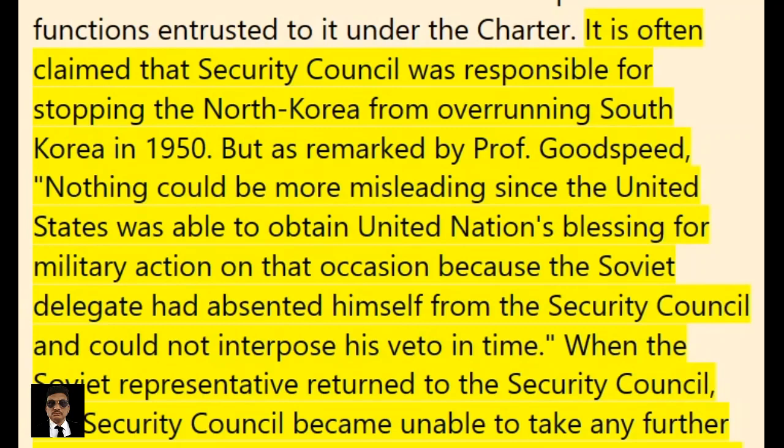It is often claimed that the Security Council was responsible for stopping North Korea from overrunning South Korea in 1950.